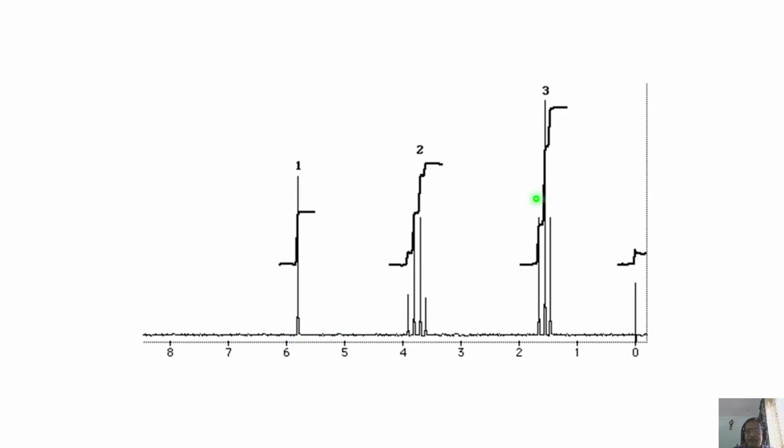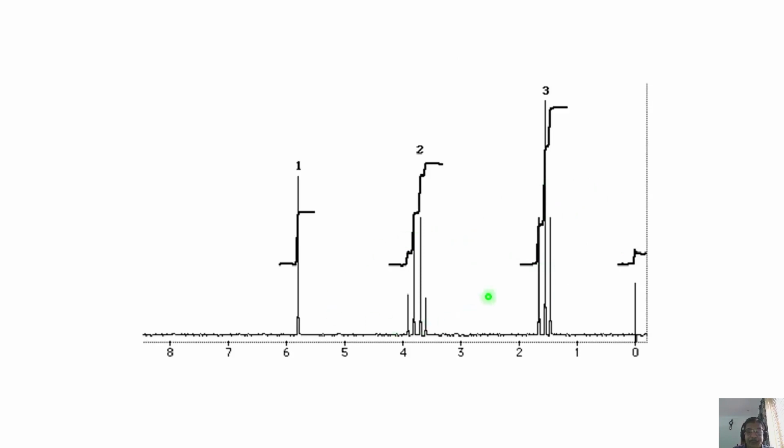Common sense tells me this triplet, when it is of equal intensity 1:2:1, must be attached to a CH2 group. As a consequence, CH2 splits this proton, whatever it is, into a triplet.